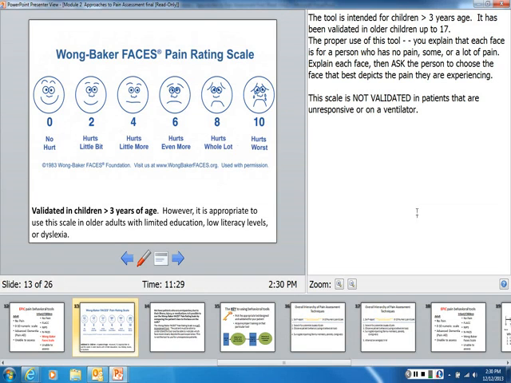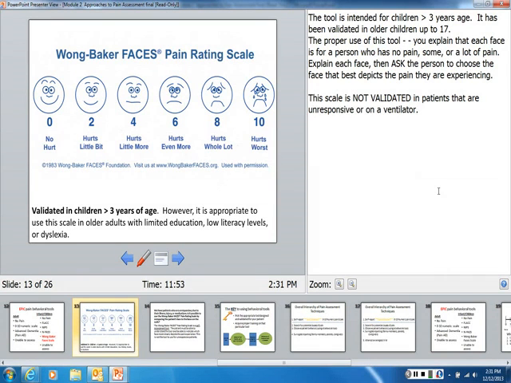You explain each face, and then you ask the patient to choose the face that best depicts the pain that they are experiencing. So as you can see, this is another tool where patients self-report the intensity of their pain. This scale is not validated in patients that are unresponsive or on a ventilator.